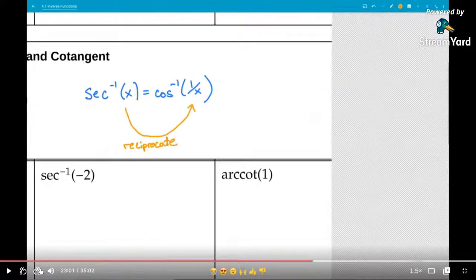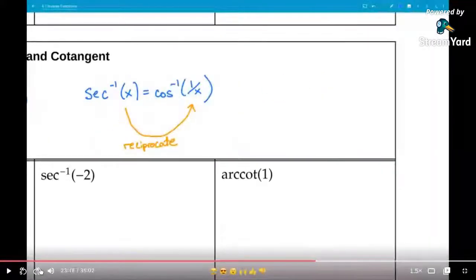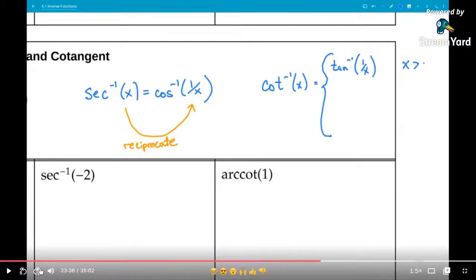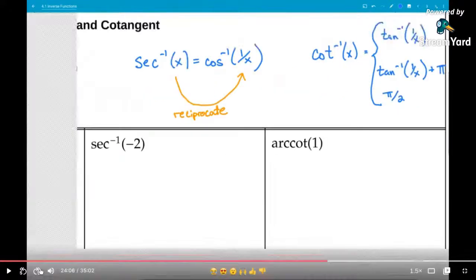And lastly, for cotangent, it's a little bit messy. I would not recommend memorizing this. Just be able to apply this in different cases.